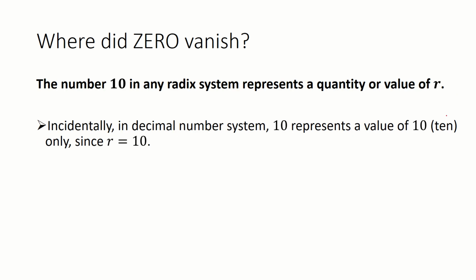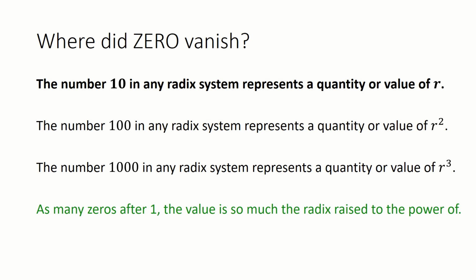Like 1 0 represents the quantity or the value of r, and incidentally in the decimal number system this 1 0 represents the value of 10, since r is 10. So, decimal is like a direct coding. However, in any number system 1 0 is representing the quantity of r.